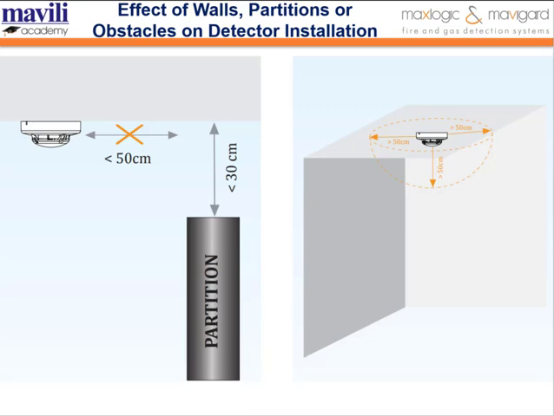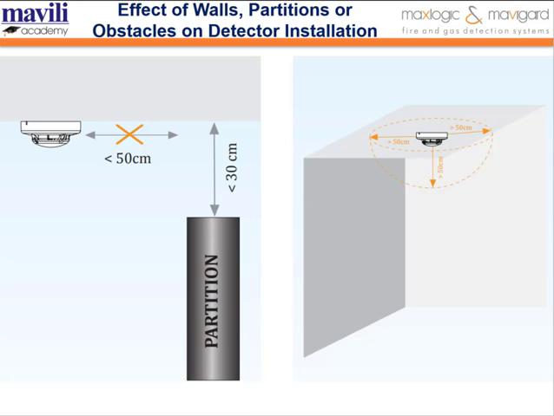There are also situations where partitions are present. If a partition extends from the floor all the way to the ceiling, the detector must be installed so that there is at least 50 cm of distance between the detector and the partition.